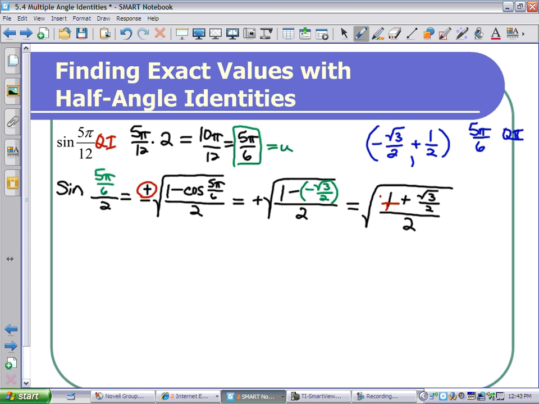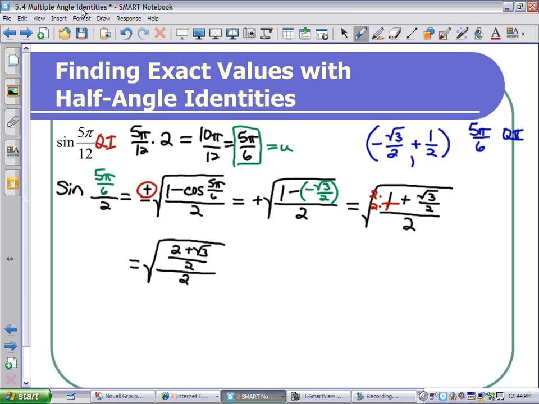So I'd have to multiply the top and the bottom both by 2. So now I have the square root of 2 plus the square root of 3 all over 2, all over 2. That was by adding the two fractions in the numerator.